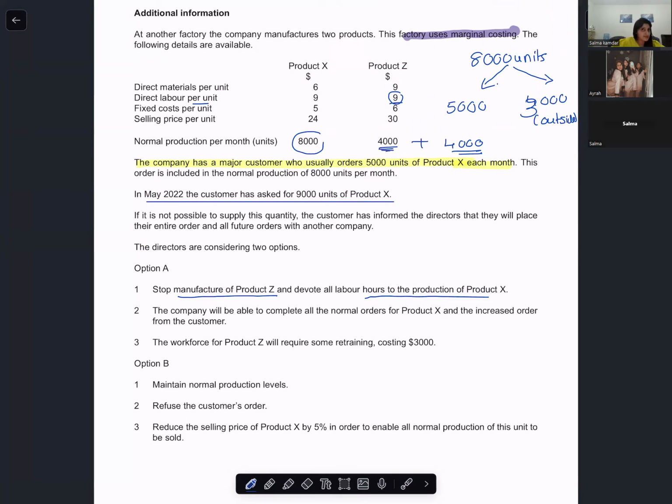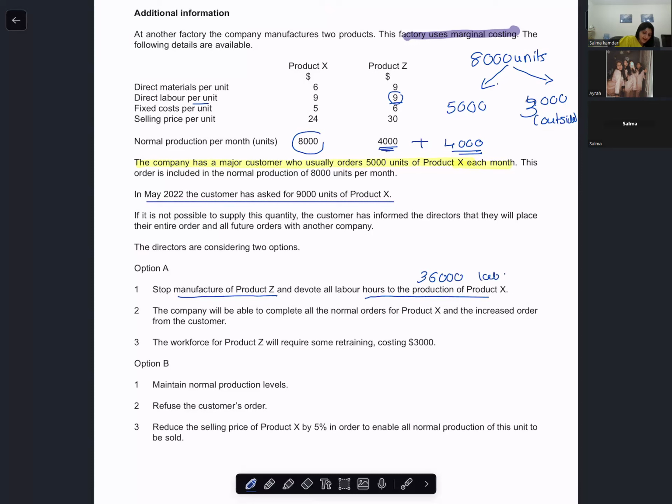How will I calculate that? 9 into 4,000, which is 36,000. So I have 36,000 labor hours.